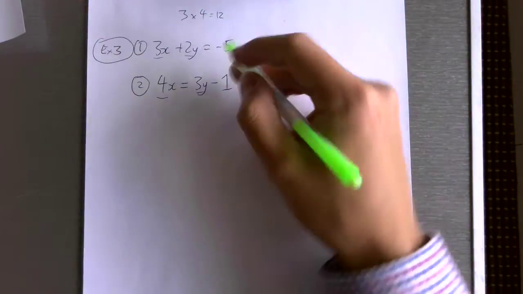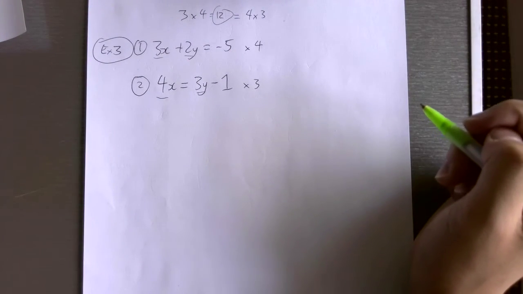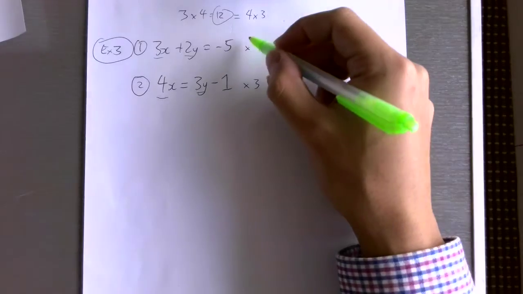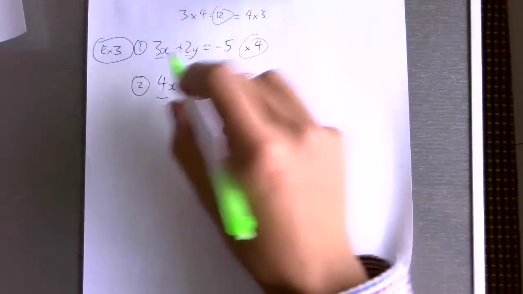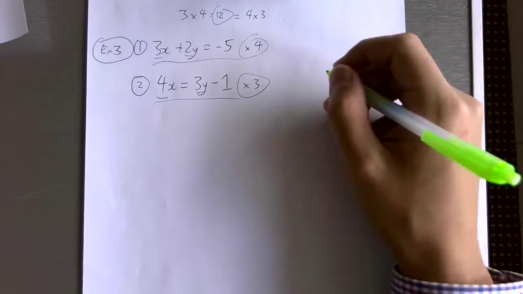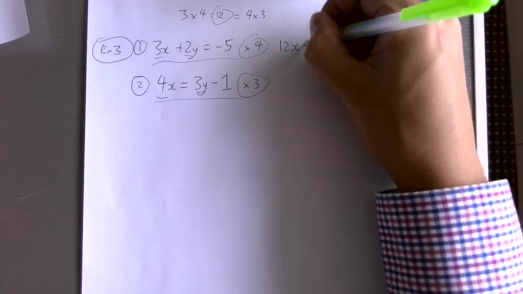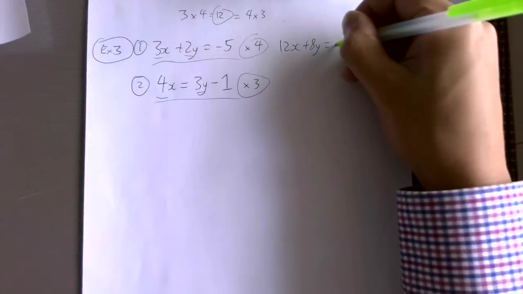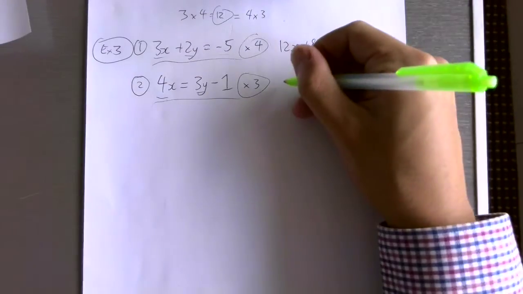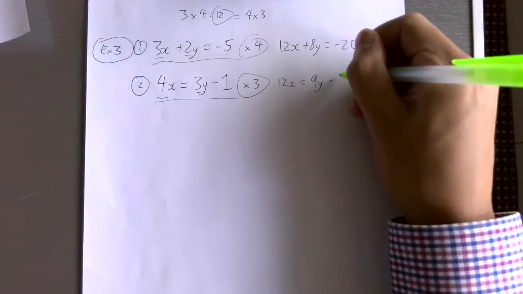And we also know that 12 is a multiple of 4, because 4 times 3 also equals 12. So that's why we're deciding to times all this top equation by 4 and this whole bottom equation by 3, because when we times the whole top equation by 4, we end up with 12x plus 8y equals negative 20. And our bottom equation, we get 12x equals 9y minus 3.